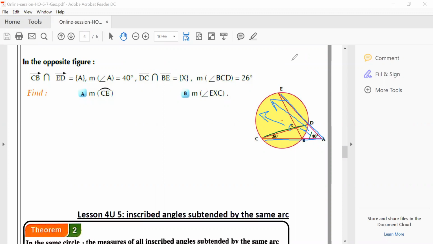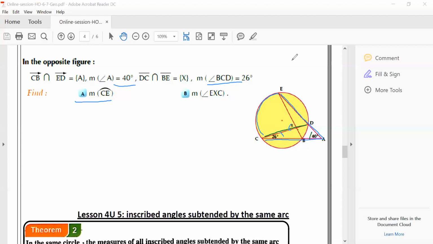Okay, let's see what he wants. I have angle A 40, and I have angle BCD 26, and I want the measure of arc CE.